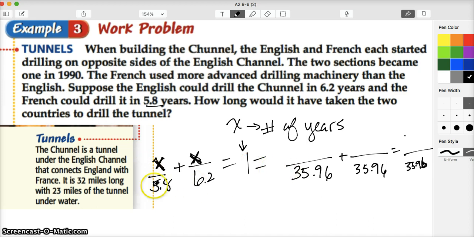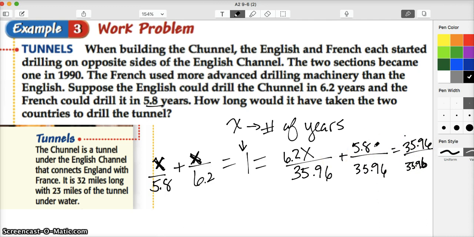Knowing that I multiplied these two together, the numerator will need to be multiplied by 6.2, so that's 6.2x. This numerator will need to be multiplied by 5.8. And this numerator would need to be multiplied by 35.96.